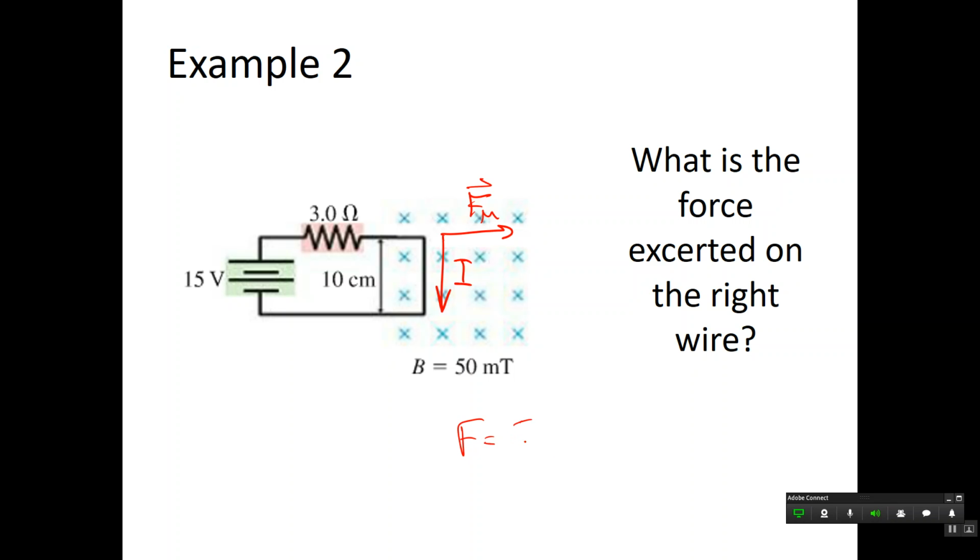F is equal to I times L times B. How did you solve for I?